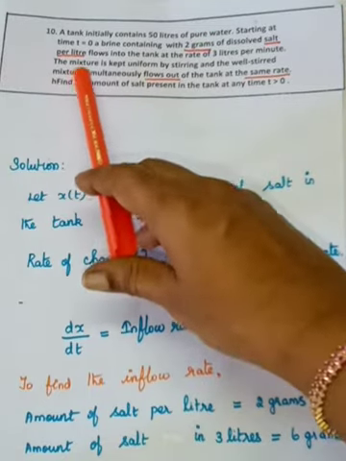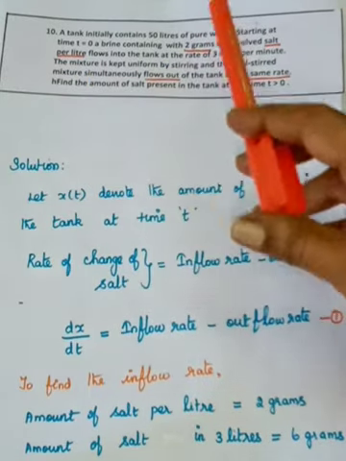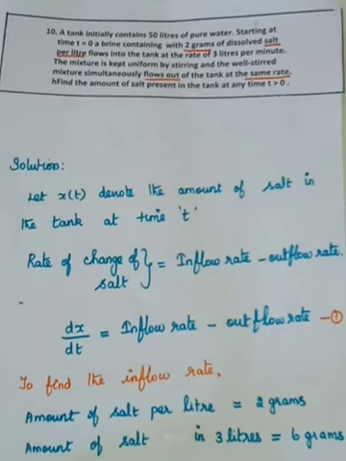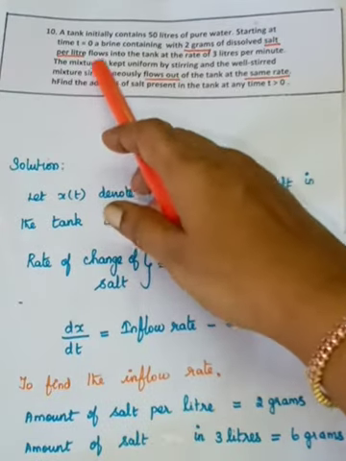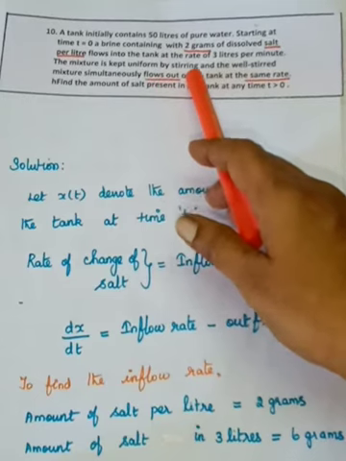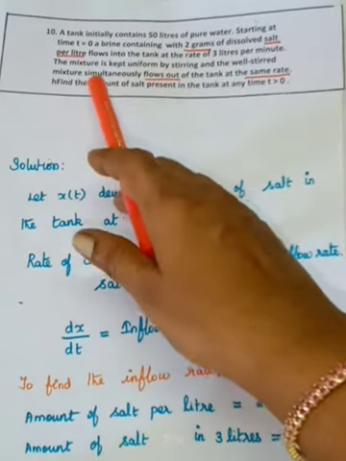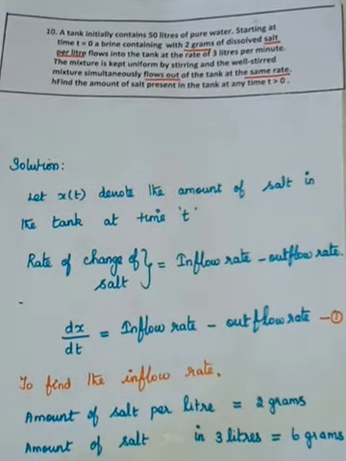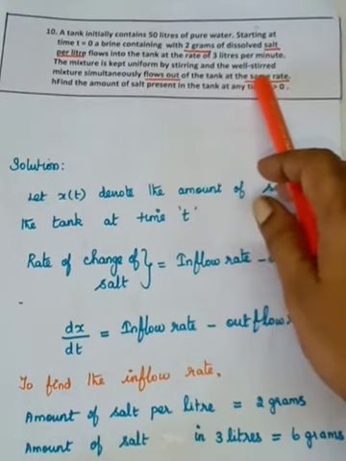And you see that the mixture is kept uniform. Already 50 liters of pure water is there. Per minute 3 liters of brine is flowing in. So it has to mix. So the mixture is kept uniform by stirring, and the well-stirred mixture simultaneously flows out of the tank at the same rate.